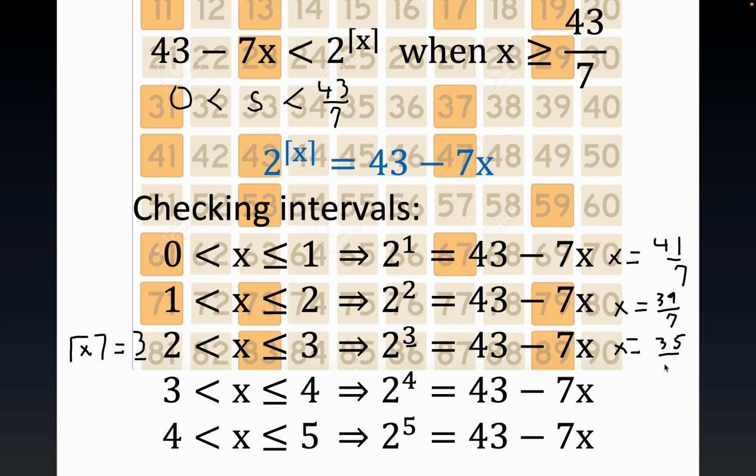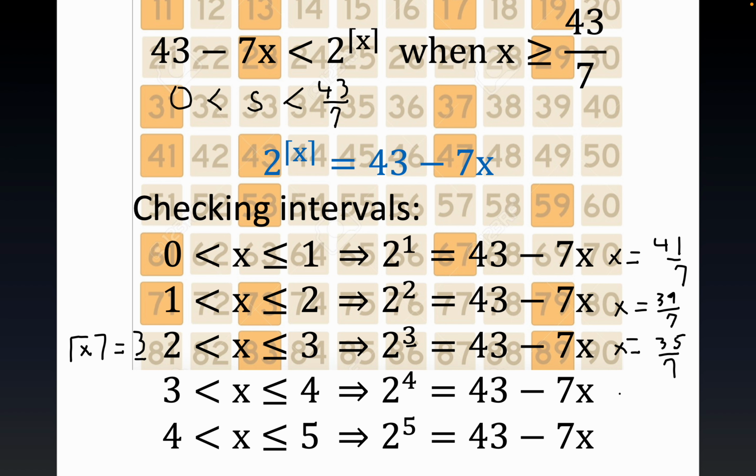Now again, that would be the solution to this, but we do have to check to see if it's in the interval. And 35 over 7, oh, that's just 5, isn't it? 35 over 7 is just 5. And 5 is not in this interval, right? But now notice 2 to the 4th is 16. And so it's going down quicker.